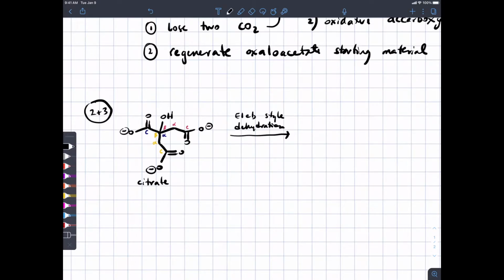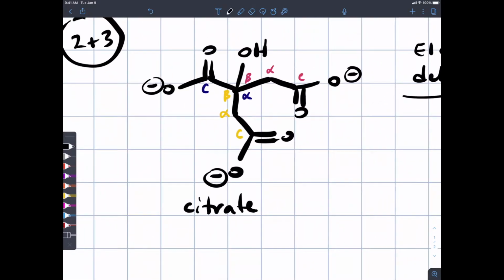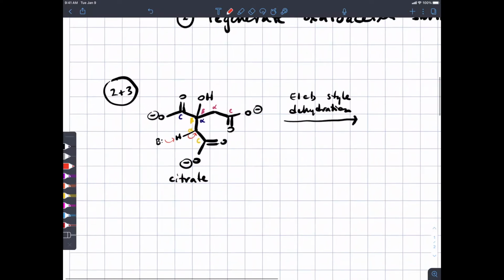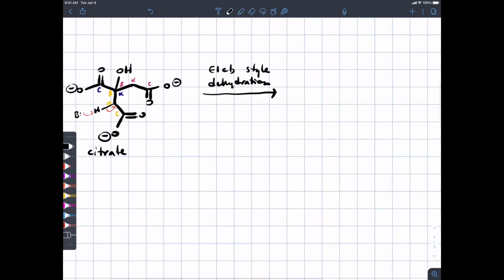This is something that happens in the aldol reaction. Sometimes after we make the new carbon-carbon bond, we can have a base remove an alpha proton to make an enolate. And then the resulting enolate, negatively charged electrons on the alpha carbon, can kick down and remove the OH group on the beta carbon.